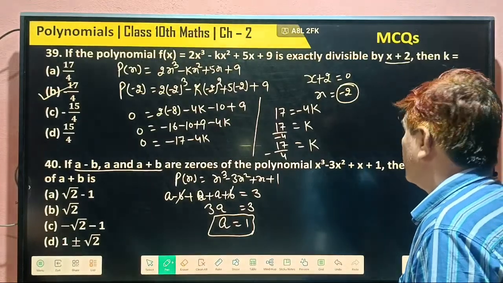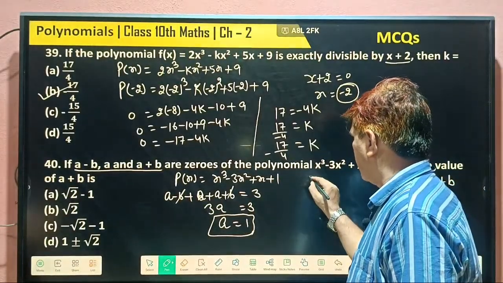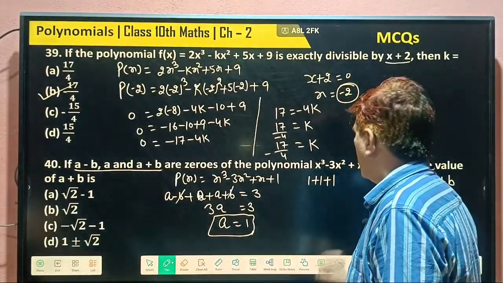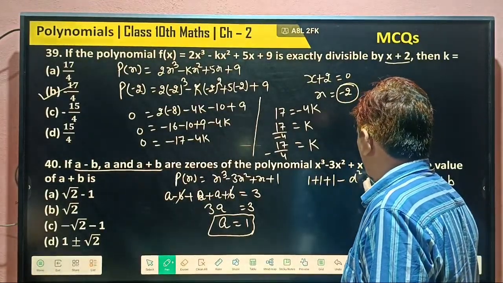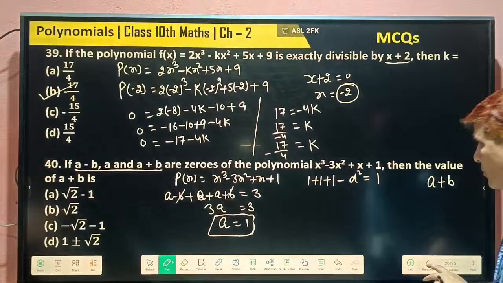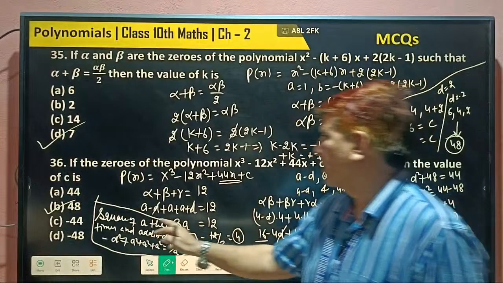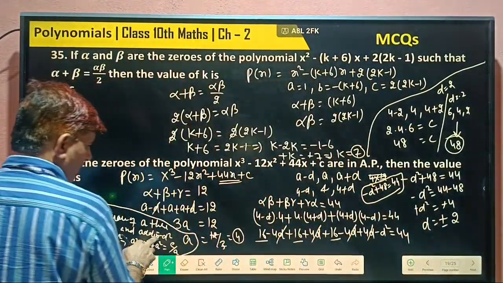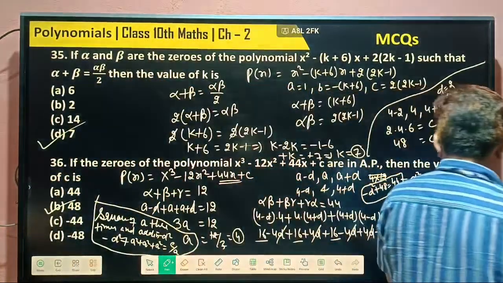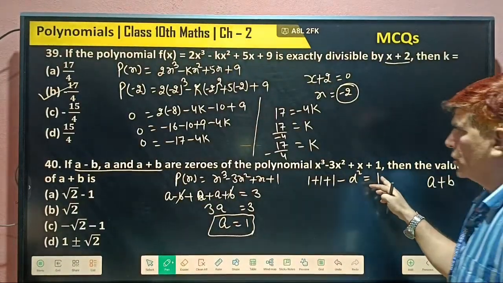So I directly apply a formula I told you: the sum of squares of the three zeros, a minus d, a, a plus d, with minus d square, is equal to c by a.